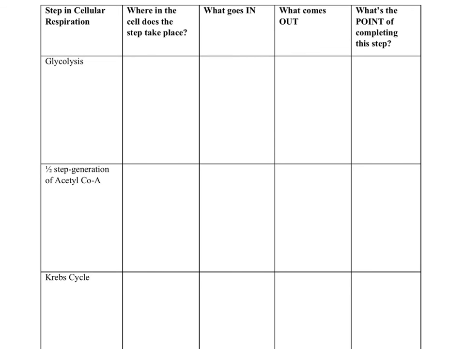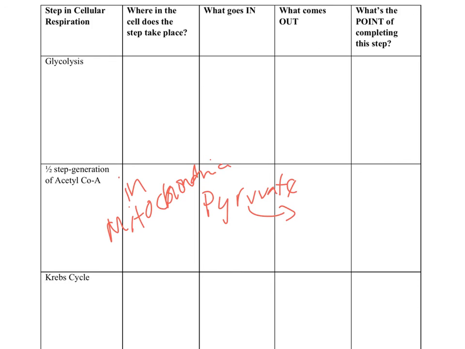All right, so here's our little half step. We're going back here. So this takes place in the mitochondria. Right? What's going in is pyruvate. And I'm sorry, I'm trying to use your chart, but my handwriting is awful, so I'm trying to write big as well.